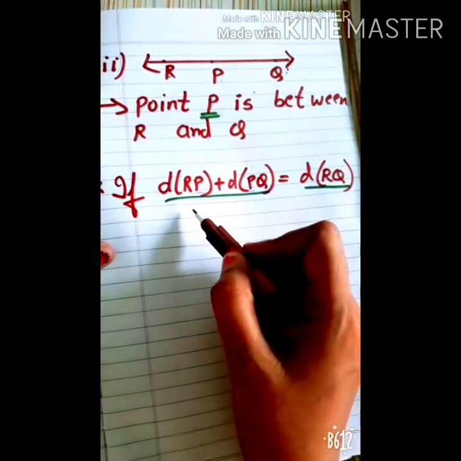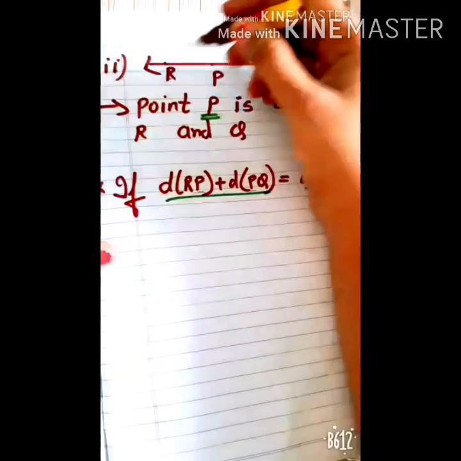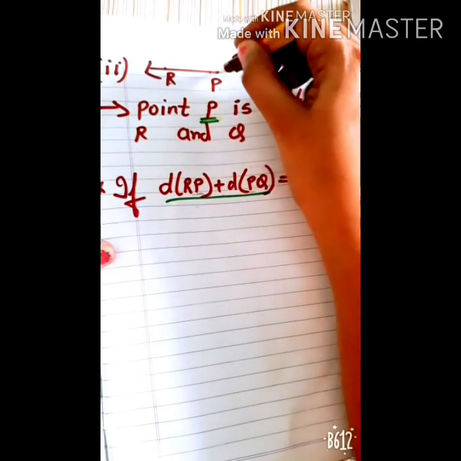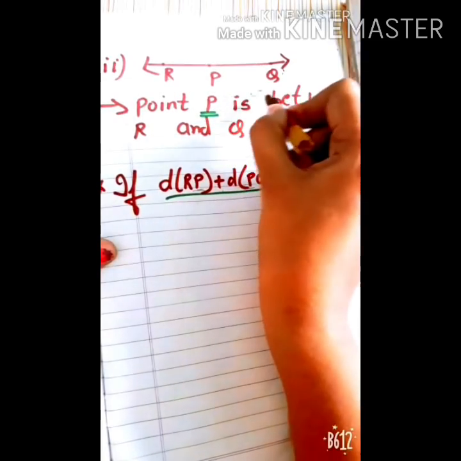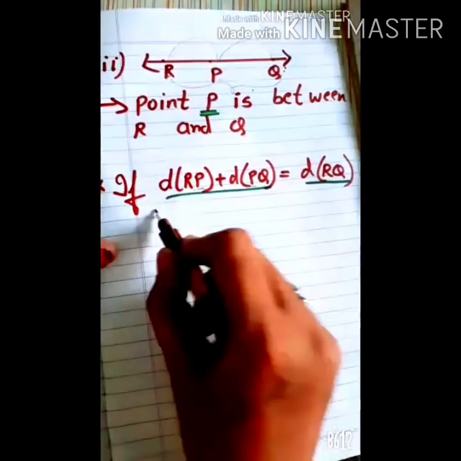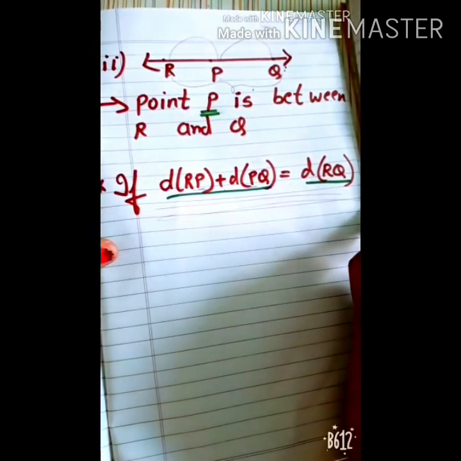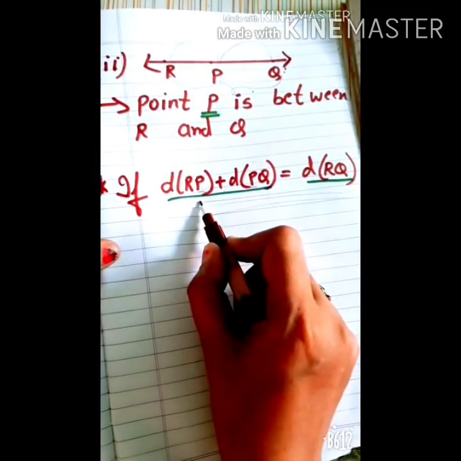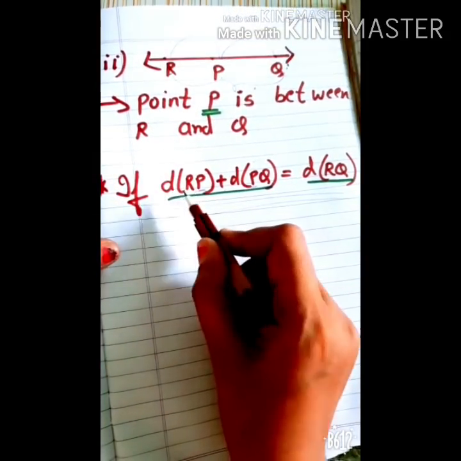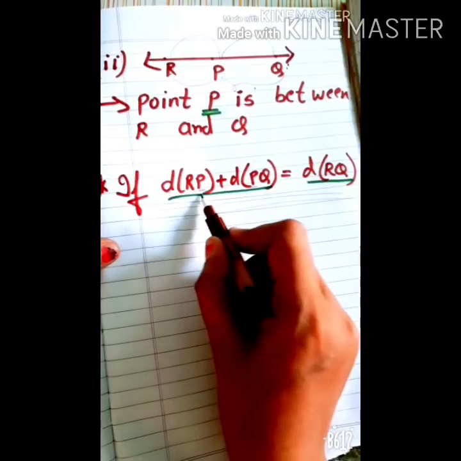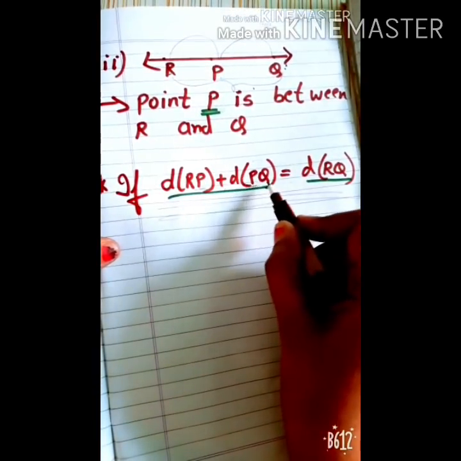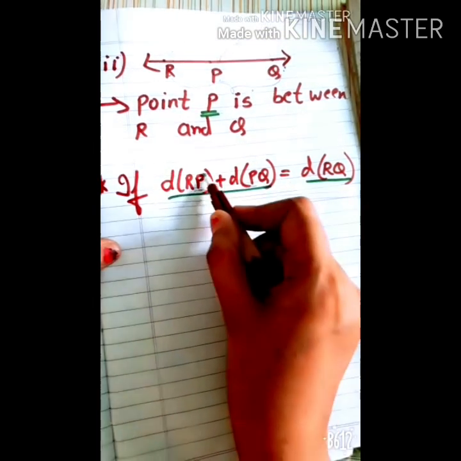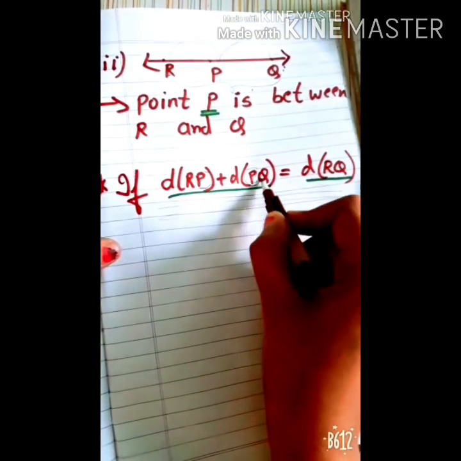Here we understood that the distance between R and P plus the distance between P and Q is equal to the distance between R and Q. It is mentioned over here. On the left side you will see the addition of the distance of points R and P plus the distance of points P and Q. Here the letter P is repeated.